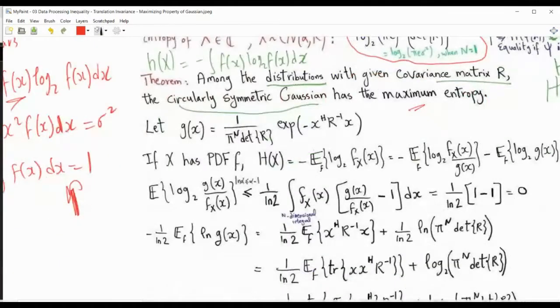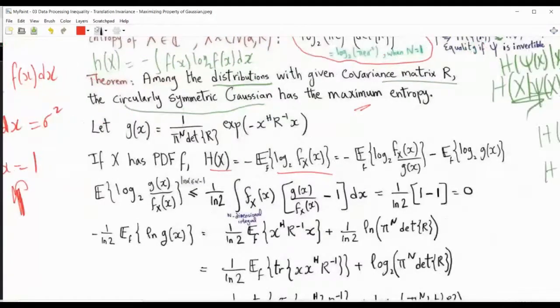What I'm doing here is the following. I will take the entropy, and again I'm writing a big H. The trick is, this is the definition of the entropy, and I will insert g of x. So what is g of x? It's the Gaussian PDF. Of course it's not there in the definition of h of x, so I will insert it there.